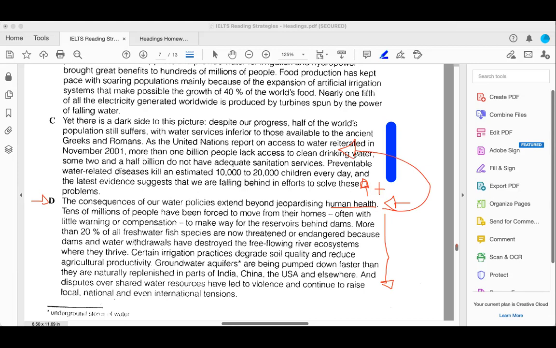Which means the second sentence is the important sentence for me. Read the second sentence. What's the main idea here? Just the main idea, not secondary ideas. Move their homes. So many people forced to leave their homes to build reservoirs. Let's go back.